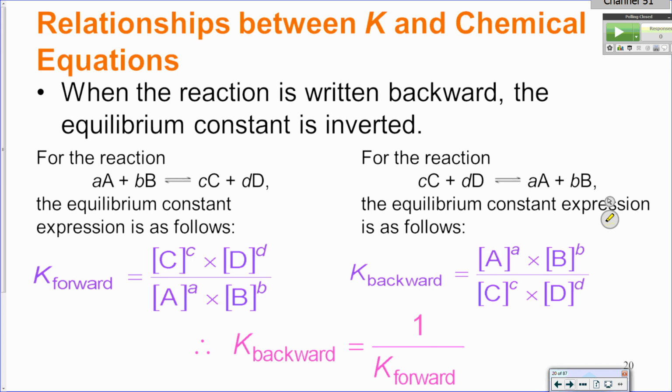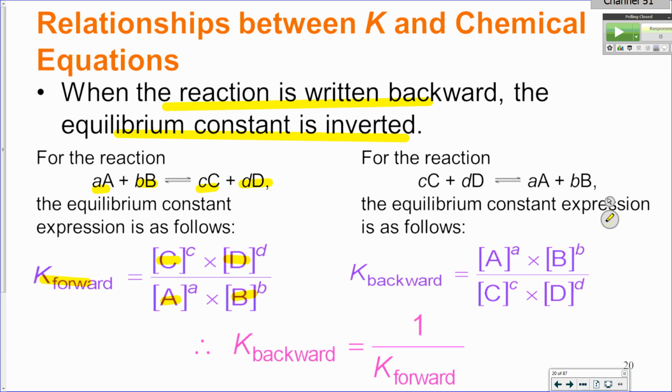Whenever I take a reaction and write it backwards, I invert the equilibrium constant. It becomes 1 over K. So for a reaction written in the forward direction, A plus B yields C plus D, the K forward is products over reactants, raised to the respective powers of the stoichiometry.